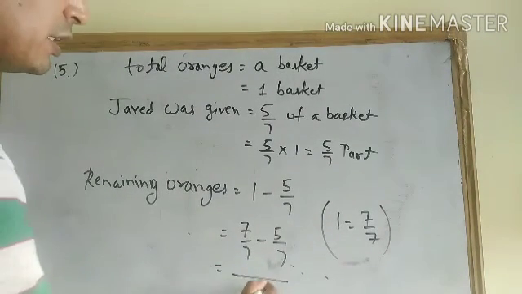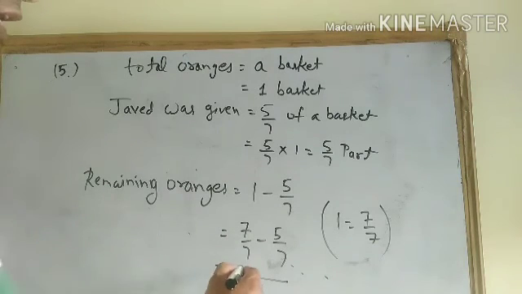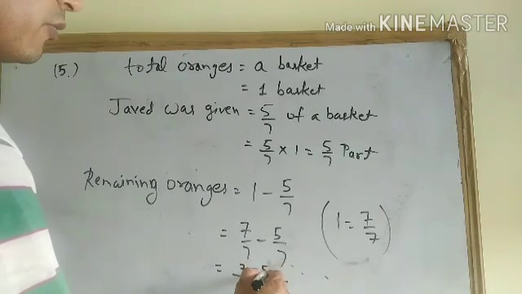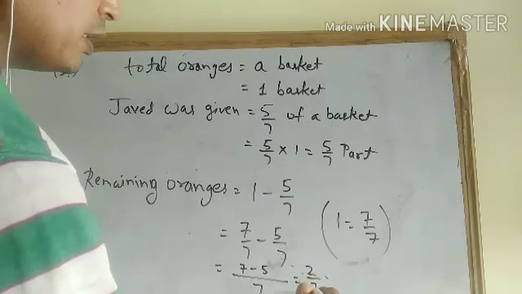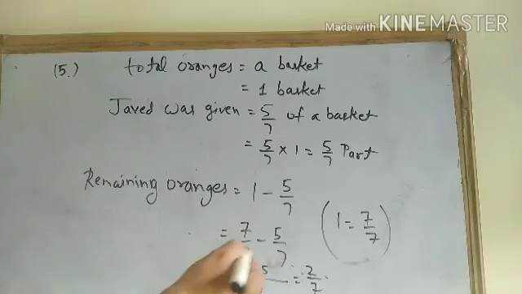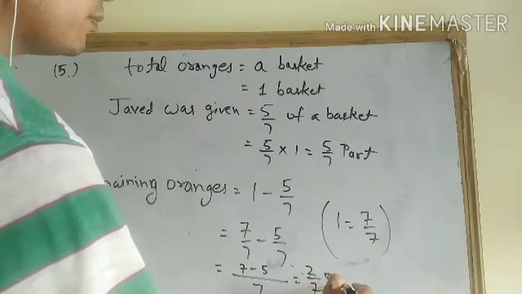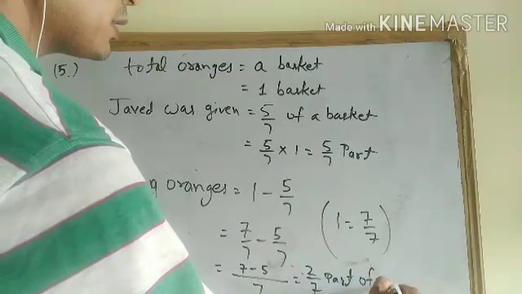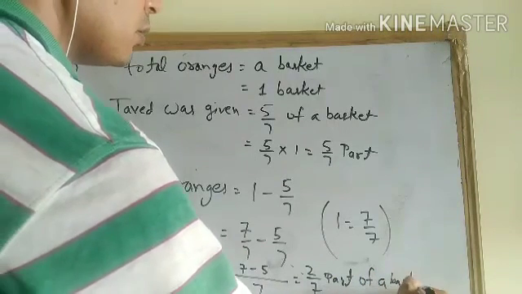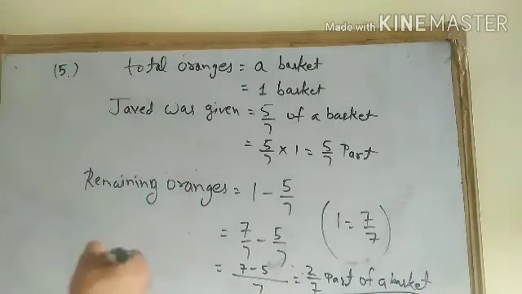Then you will write 7 for one time, and you will get 7 minus 5. The answer is 2/7. Okay, so these are the remaining oranges, 2/7 part of a basket. Okay, this is your answer.